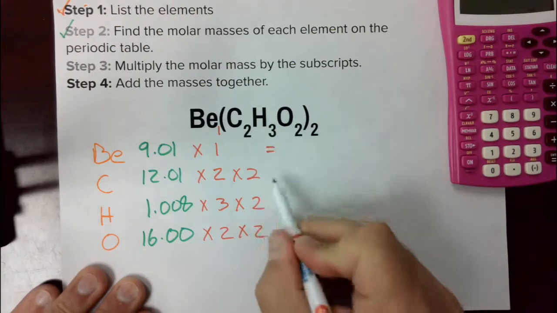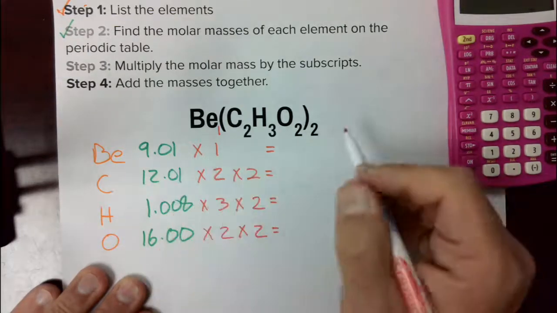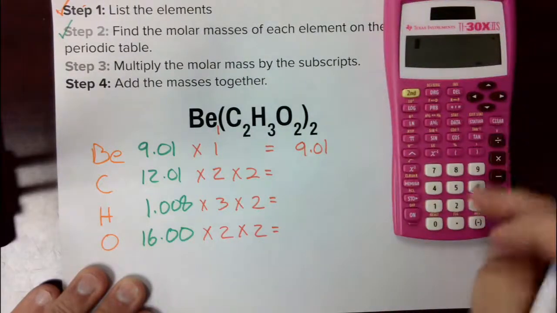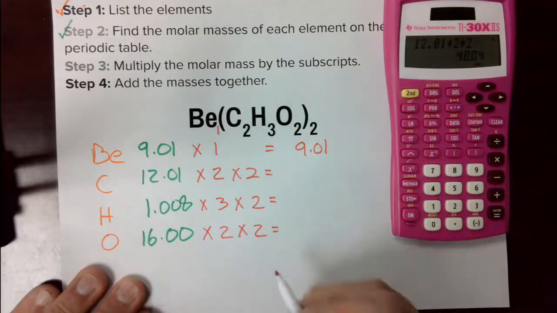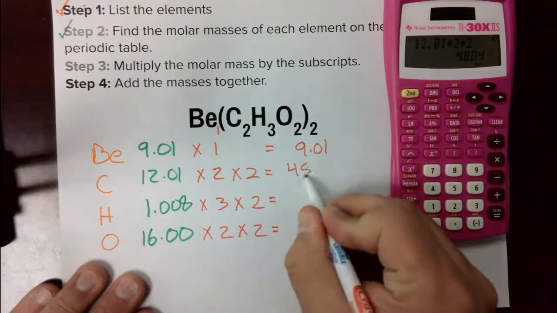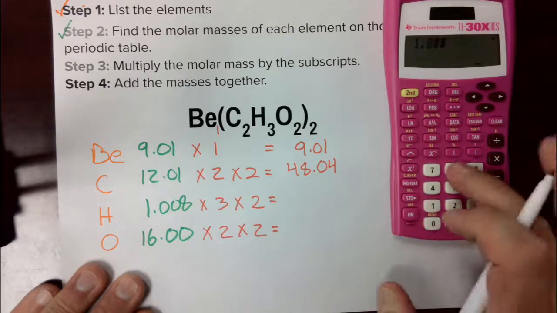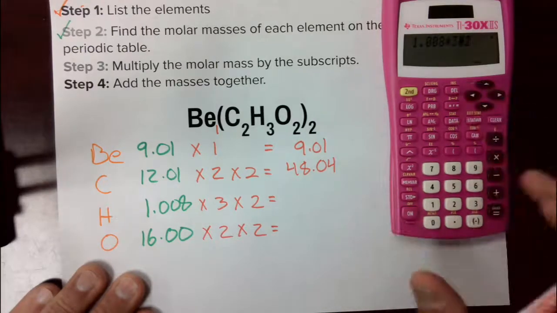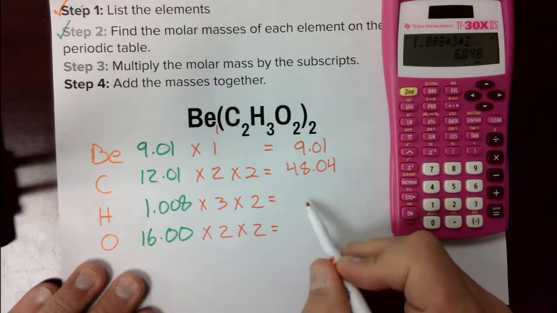And now we're going to use our calculator to get those values. 9.01 times 1, I don't need a calculator for that, is 9.01. 12.01 times 2 gives me 48.04. 1.008 for hydrogen times 3 times 2 gives me 6.048.